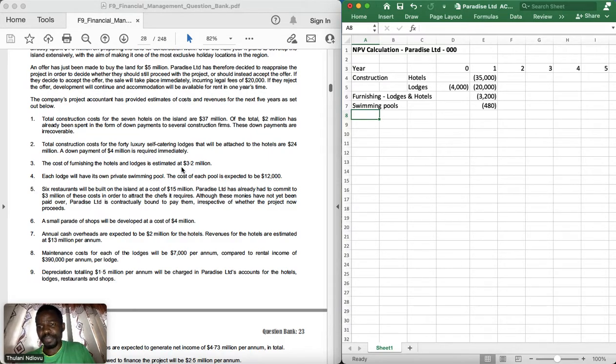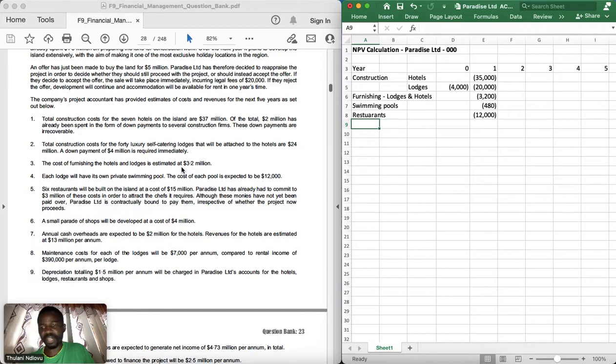Then note number 5, 6 restaurants will be built on the island at a cost of 15 million. Paradise Limited has already committed to 3 million of these costs. So restaurants, there are 6 of them, at a cost of 15 million, but we need to subtract the 3 million because it's a committed cost.